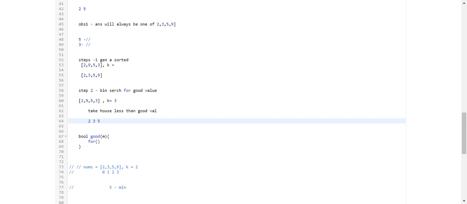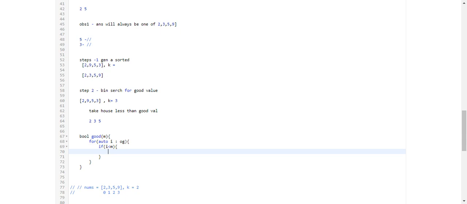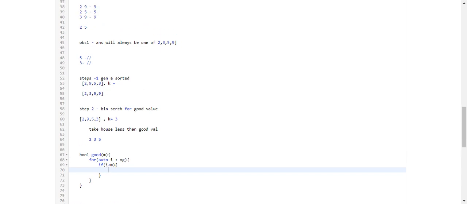So you will try for 5 then. You will go with i from 0 to n on the original array. You'll check if this i is lesser than or equal to the required value; if so, I can take this, but I cannot take its adjacent one, because this is the original array, which is how the houses are originally present.